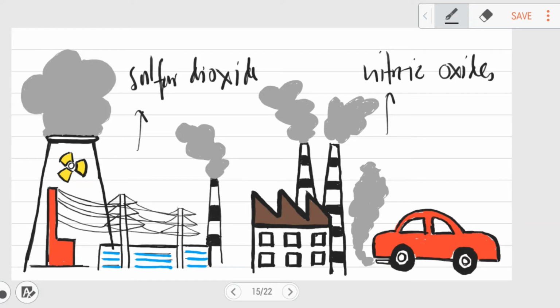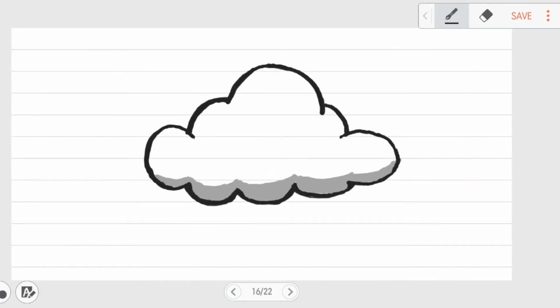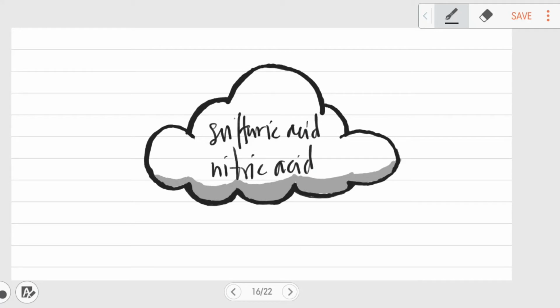Then sulfur dioxide and nitrogen oxides react with water, oxygen, and other chemicals to form sulfuric acid and nitric acid respectively. Then these substances mix with water and other materials before falling to the ground as acid rain.